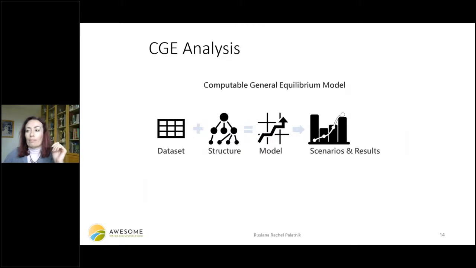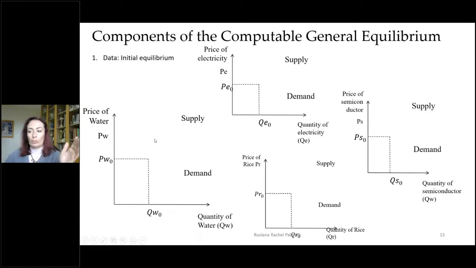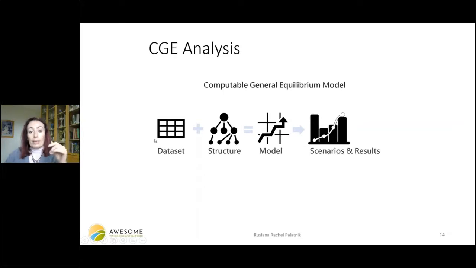So in CGE analysis, we talk about the baseline data set, the structure of the model, and then once we have the initial calibrated equilibrium, we impose shocks and receive new results, and then we do some kind of comparative static analysis to analyze the new equilibrium compared to the previous one.